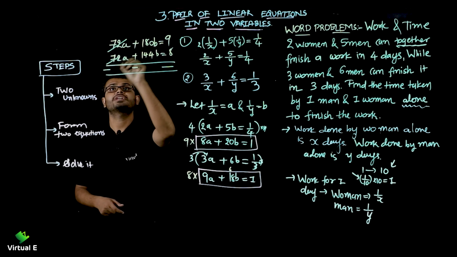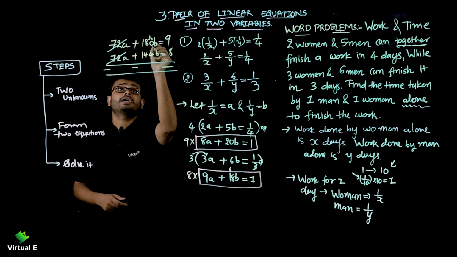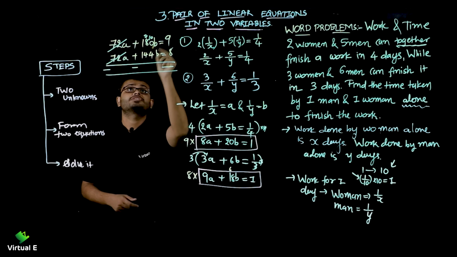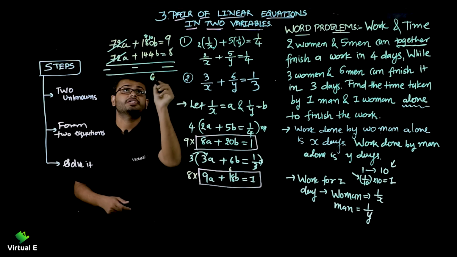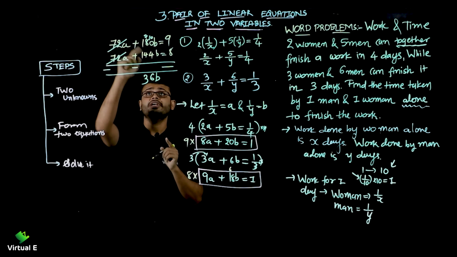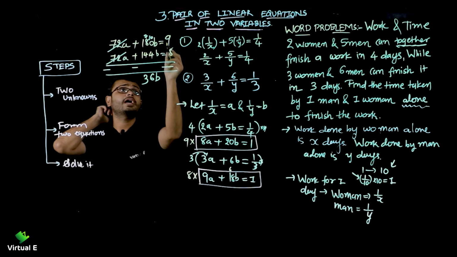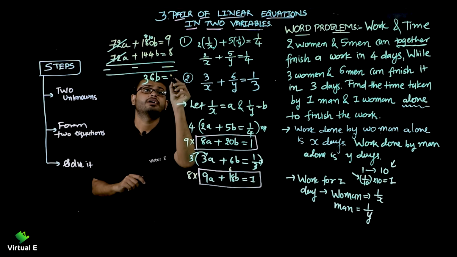So 72 gets cancelled. Here it will be 10 and here it will be 7. So 10 minus 4 is what? 6. 7 minus 4 is what? 3. 36b. Is it positive or negative? It is positive because 180 is the bigger number, and 9 minus 8 is 1.